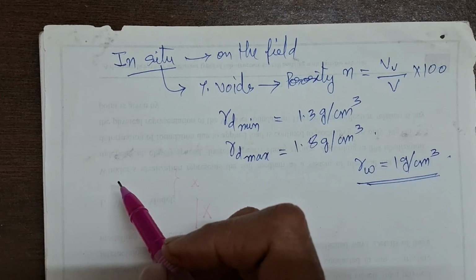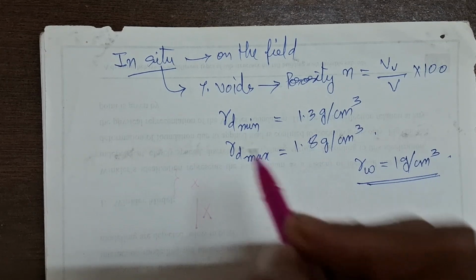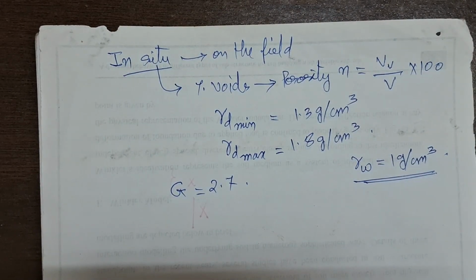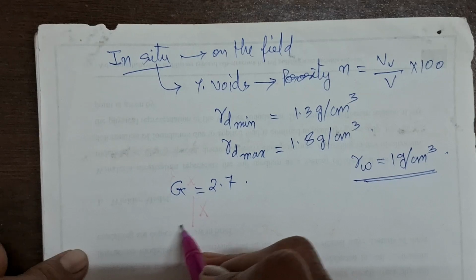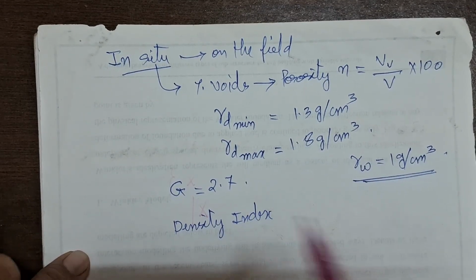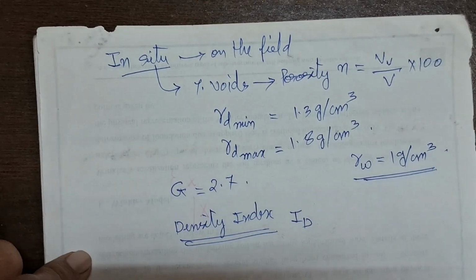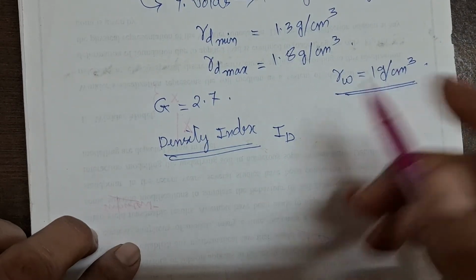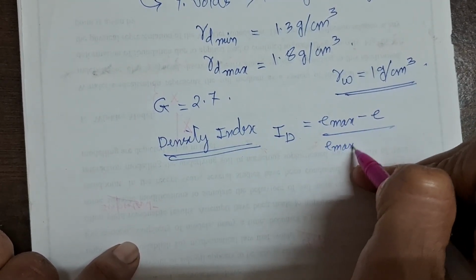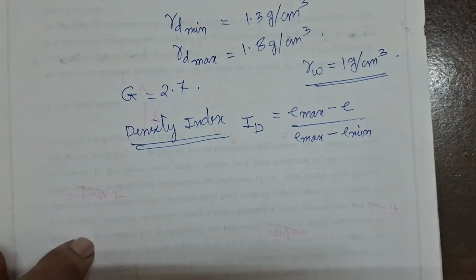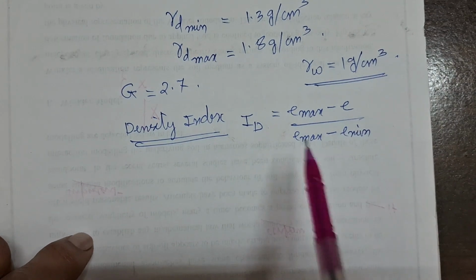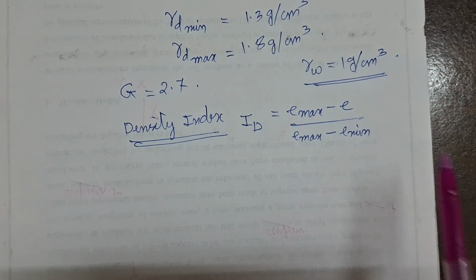What do we have to find out? They have given the specific gravity, G is 2.7, and we are supposed to find the density index, denoted by ID. We know the formula ID equals e max minus e upon e max minus e min, where e max is the maximum void ratio, e is the void ratio in the natural state, and e min is the minimum void ratio.